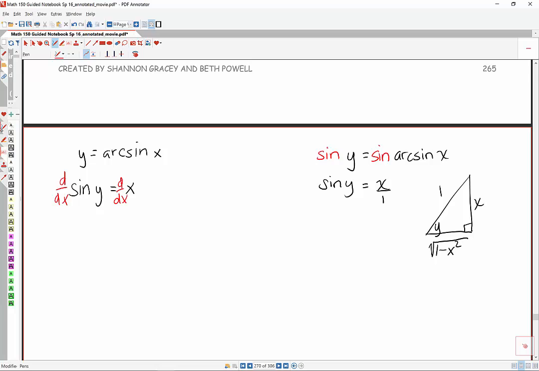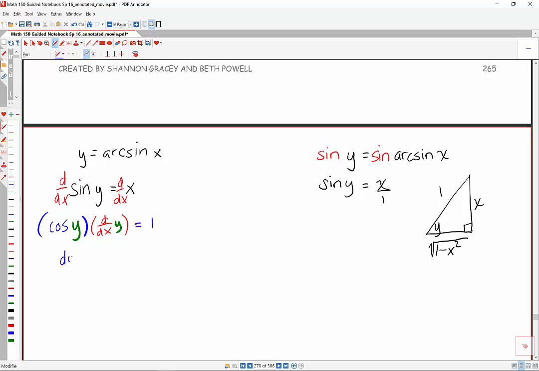So we'll have d dx of sine at y. It's going to be cosine of my something, which is y, times the derivative with respect to x of our something, y, and that's just going to equal 1, because d dx of x is 1.